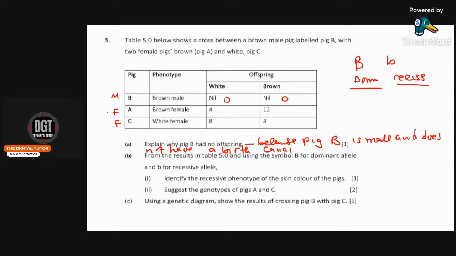The keyword here is recessive. So which one is the recessive of these? The one that is recessive is the white color. The white color is recessive.